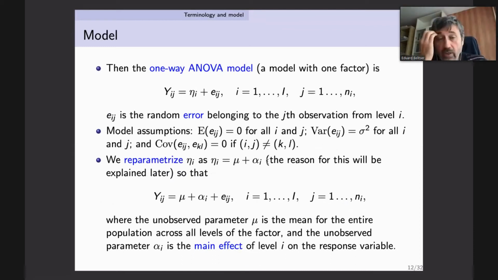So this is how we can write down this ANOVA model. This is just the observed value, and it's represented as its expectation of that random variable plus so-called random error.